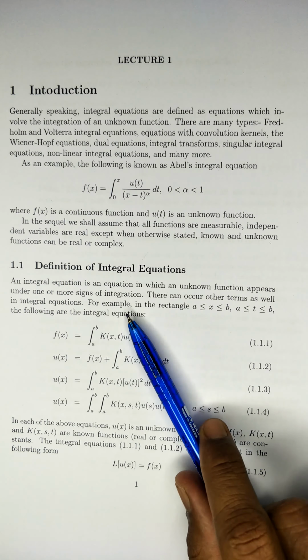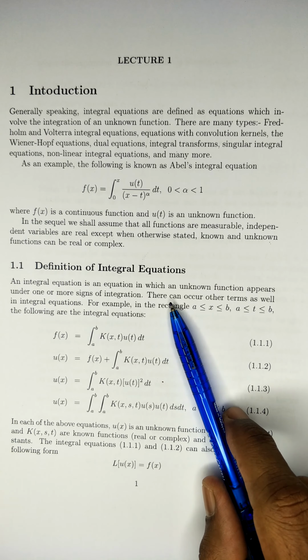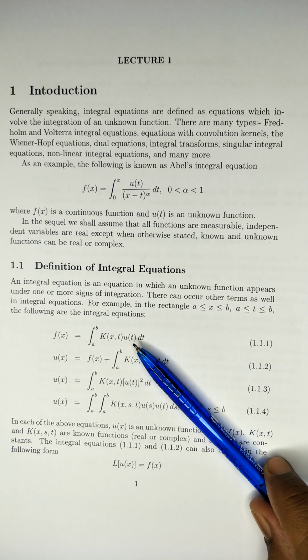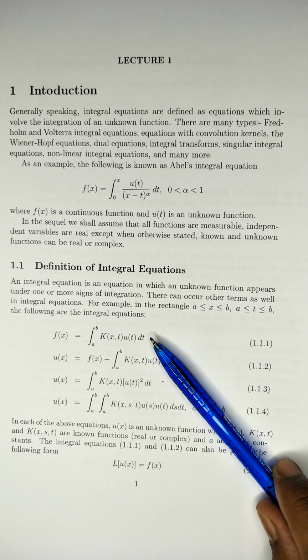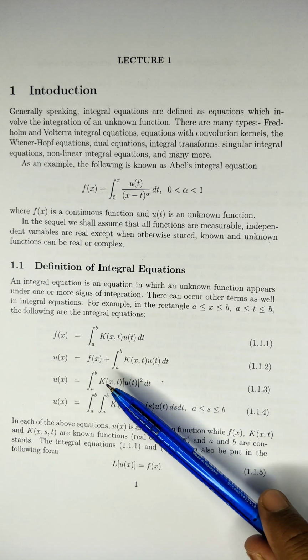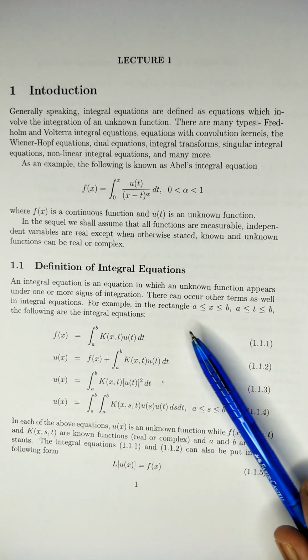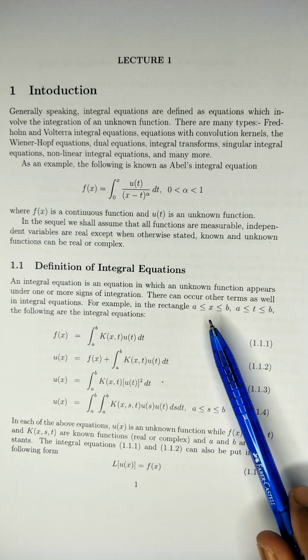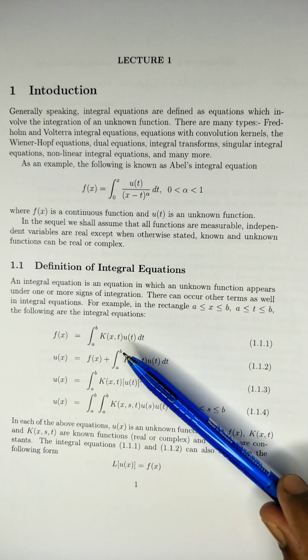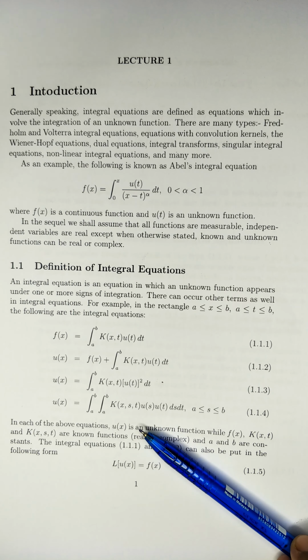The integral equation is an equation, as I mentioned earlier, in which the unknown function appears under one or more signs of integration. Other terms can occur in an integral equation as well. For example, in the rectangle x between a and b, t between a and b, the following are integral equations.